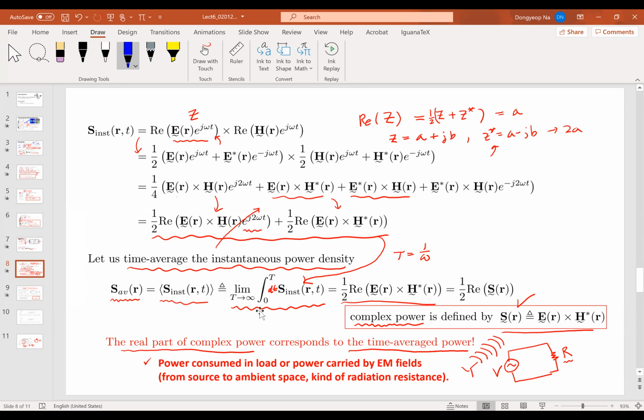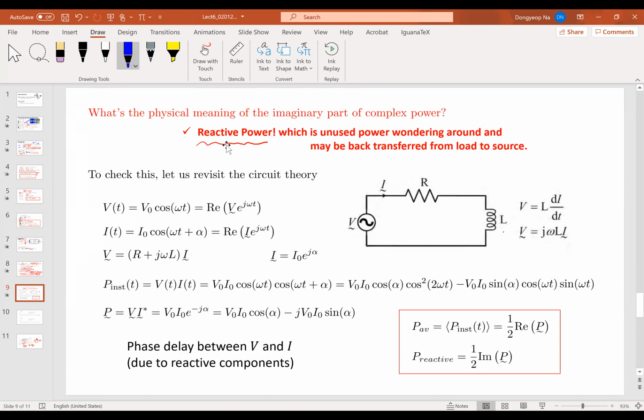physically corresponds to the real value of the complex power. Complex power is defined as the cross product between the phasor of the electric field and the complex conjugate of the magnetic field. And what was the imaginary part of it? Physically, it means the reactive power.